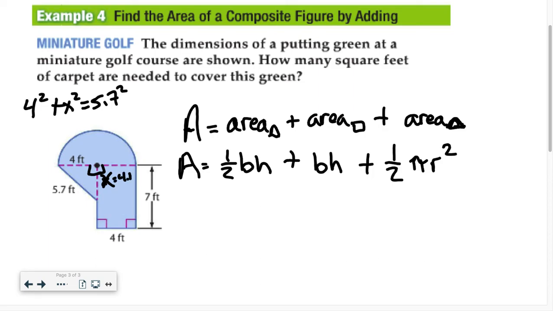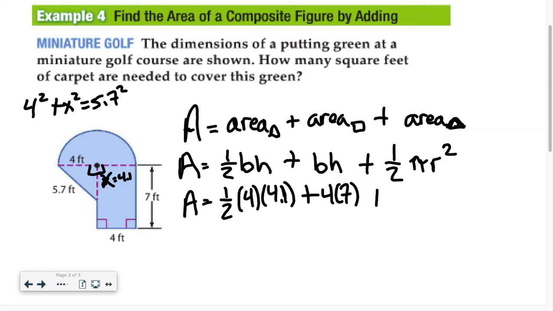All right, and so the area of the triangle is 1/2 base, which we said was 4, height 4.1, plus the area of the rectangle, base times height, 4 times 7, length times width, however you want to think of that, plus 1/2 pi. The radius of the circle would be 4 squared. So just simplify all of this.